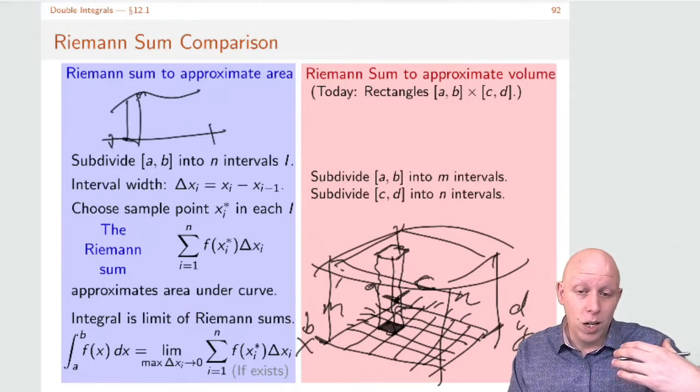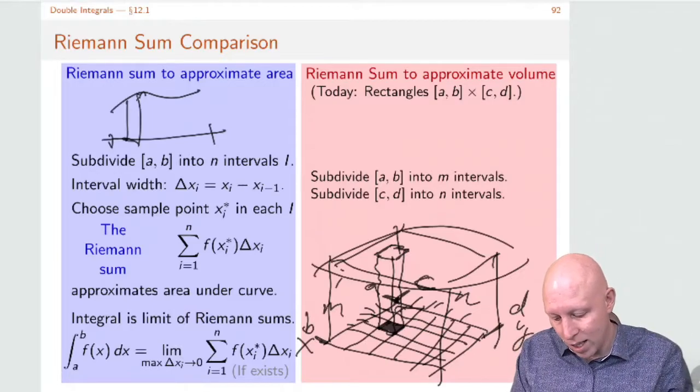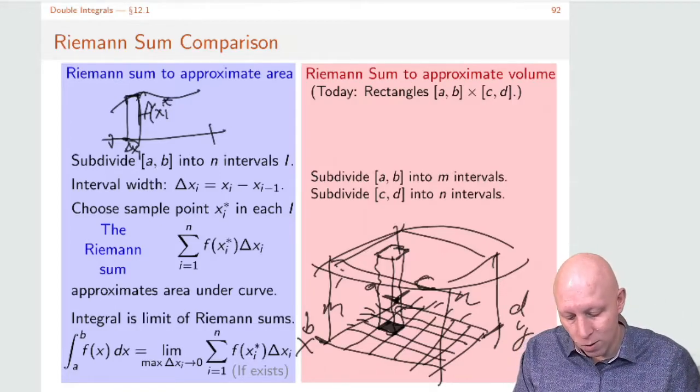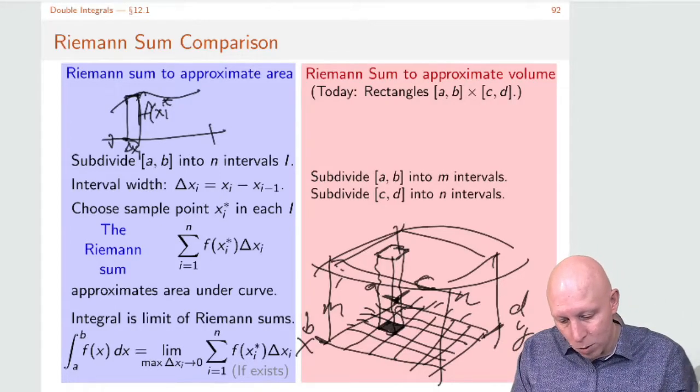So in the same way that the area of one of these slices over here was the width, delta xi, times the height, which was f of some point in the ith interval, the same thing is going to be true.